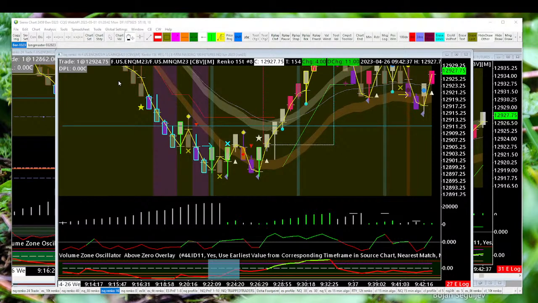Since things have been slowing down, I've had to trade the 15 tick. I guess I shouldn't say I have to, but the choices were to trade much less. Basically, the algo wasn't setting up as often as I prefer due to the slow pace and the tight range of the equity markets.